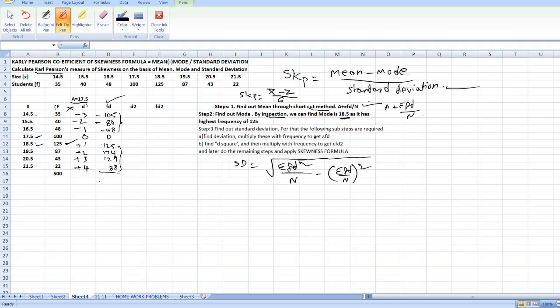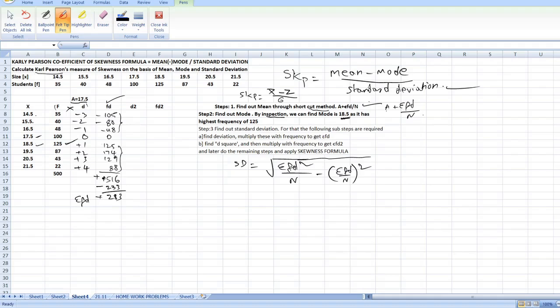Now let us do what? When you add up all the pluses you will get plus 516, and when you add up all the minuses you will get minus 233. When you subtract 233 from 516 you will get 283. So you got summation fd. Okay students, so first you have to find out mean.